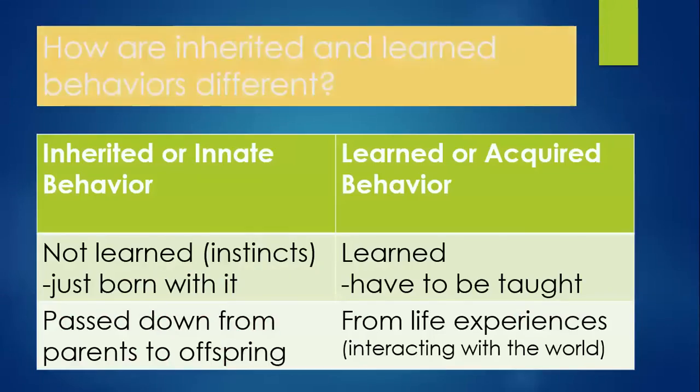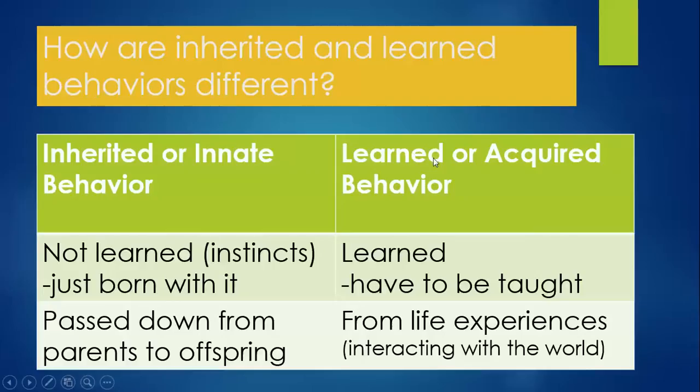Now, how are inherited and learned behaviors different? Let's look at the two. Inherited or innate behavior is a behavior that is not learned. It's based on instincts. Organisms are just born with it.